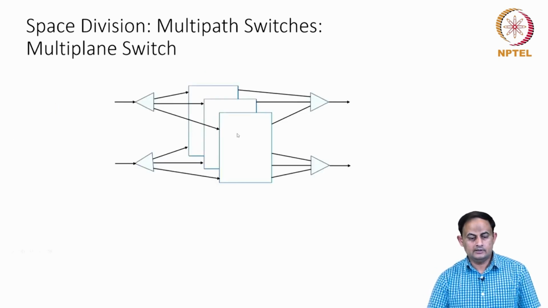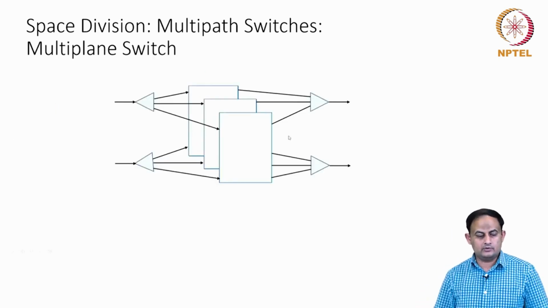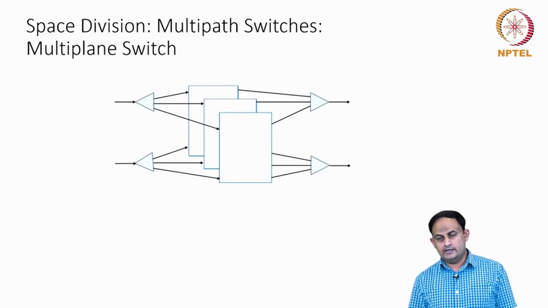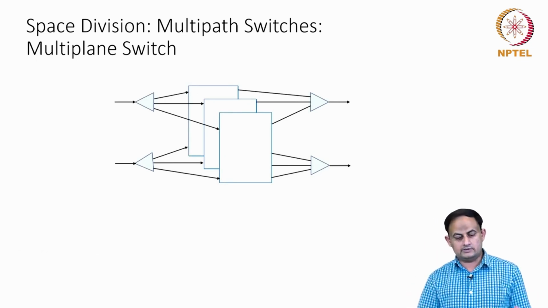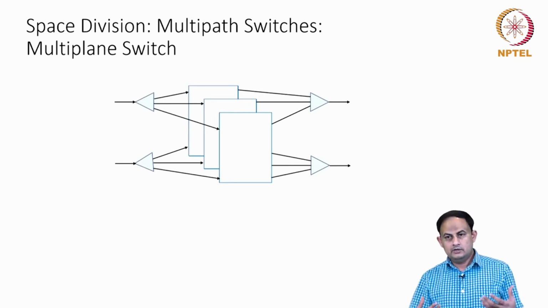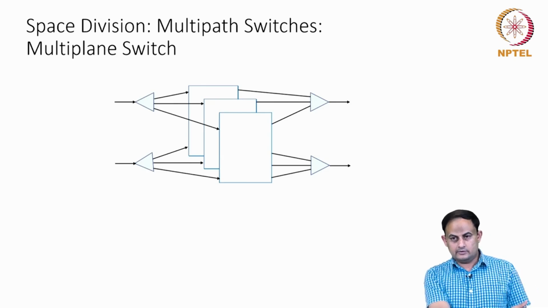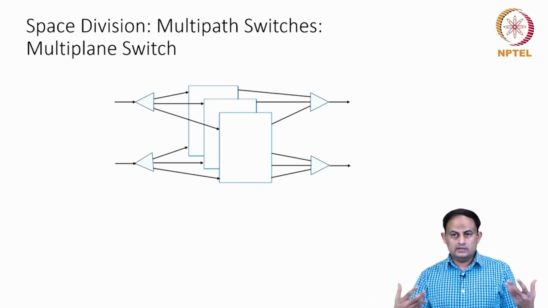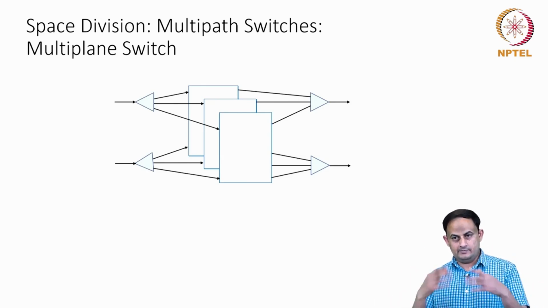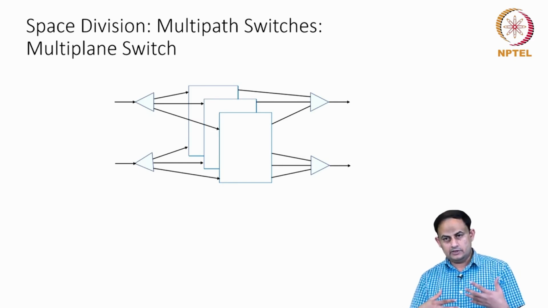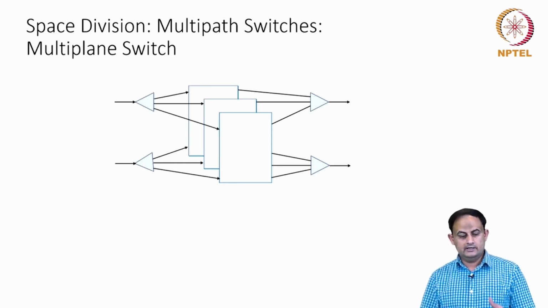That is one example. The other example is something called a multi-plane switch. The way to understand the multi-plane switch is, again there are some input ports and output ports, and there are multiple switch fabrics sitting in between, which operate independently.